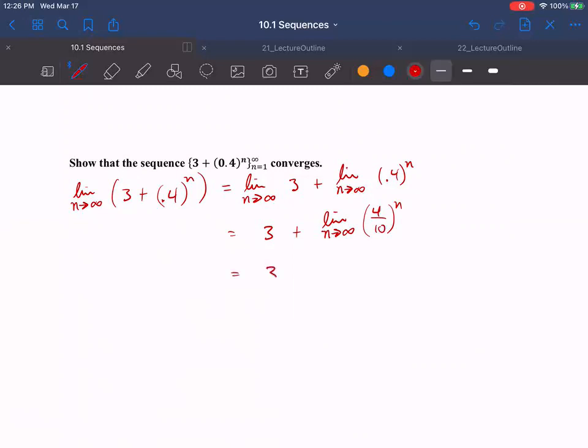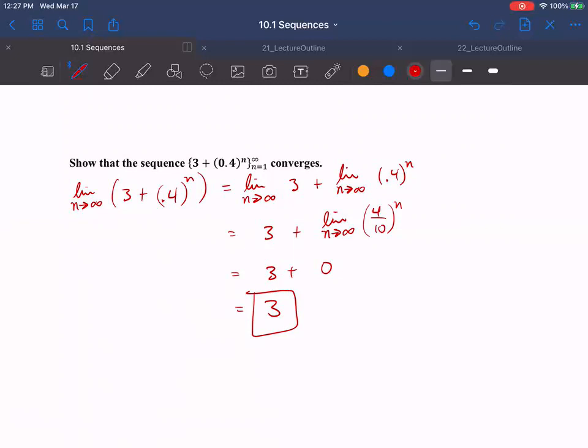And so we'll end up with 3 plus 0, which will just be, anybody? Good, 3. Okay. So it converged to 3, so we showed it converges.